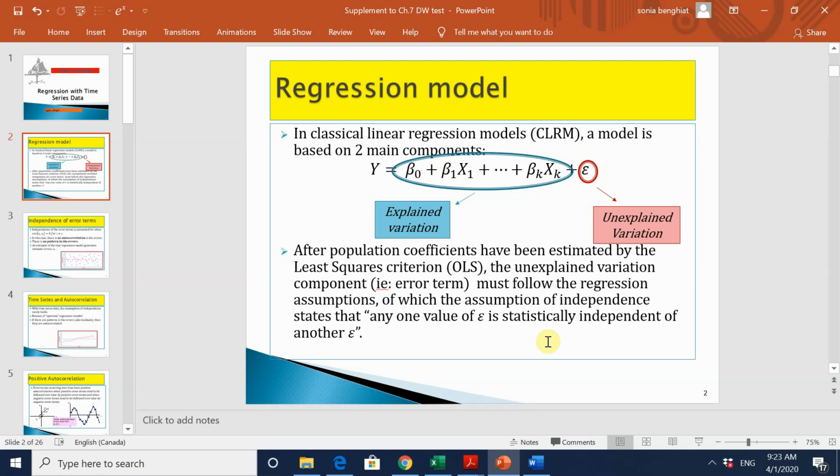An estimated regression model, let's not forget, is built on the basis of a random sample of observations. But this basis is violated the moment that we start to deal with time series data, as observations in different time periods are related or autocorrelated.